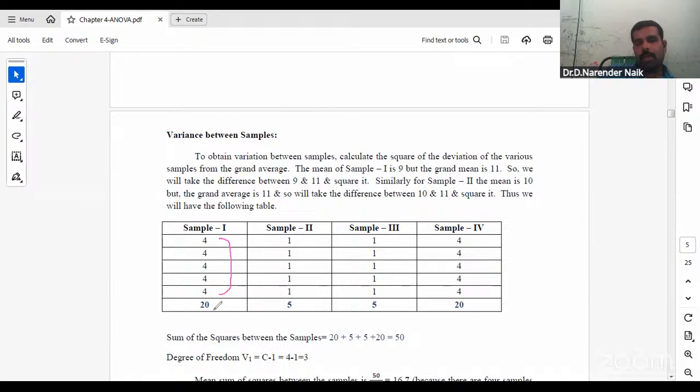Then the second one, sample 2: 10 minus 11 is 1. 1 squared is 1, 1, 1, 1, that is 5. In this case, also same. So do these totals: 20 plus 5 plus 5 plus 20.